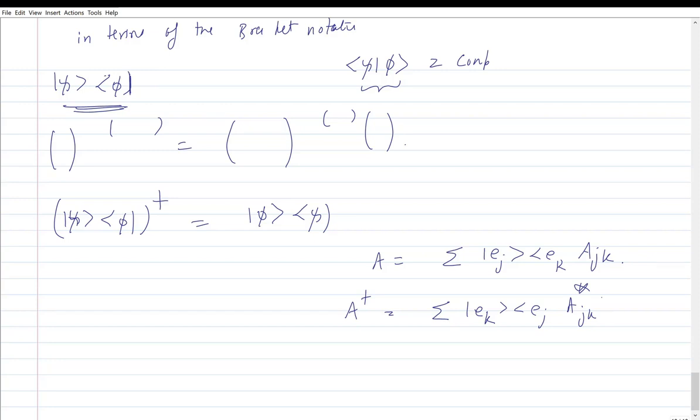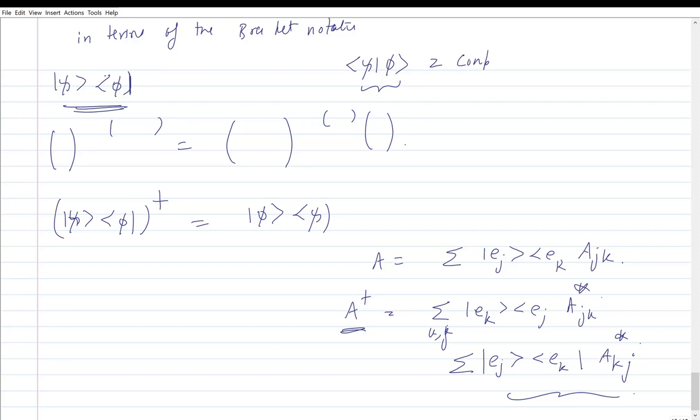So this is exactly equivalent to what we are saying over there. Or in other words, since there's nothing special about k and j, I can change this to e_j, e_k over here, and I just play with the indexes over here, e_k, j. So essentially, it's all equivalent, just the matrix representations of the Hermitian conjugate operator.